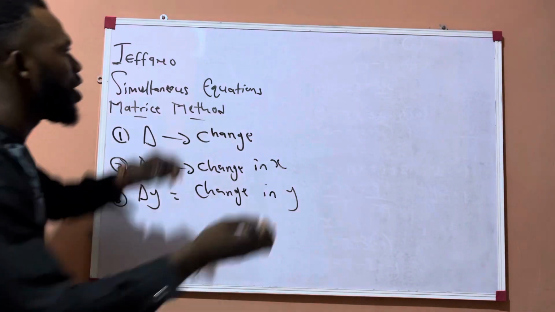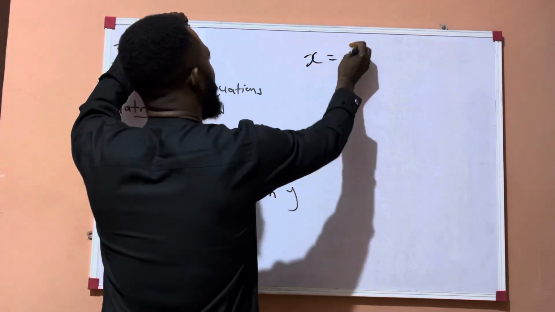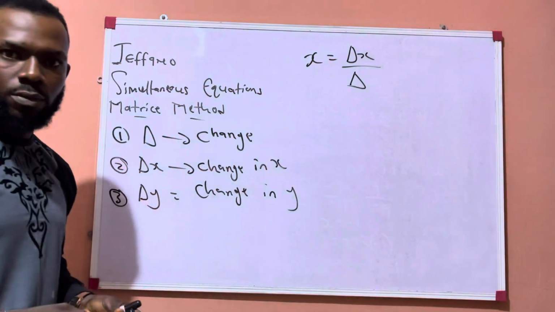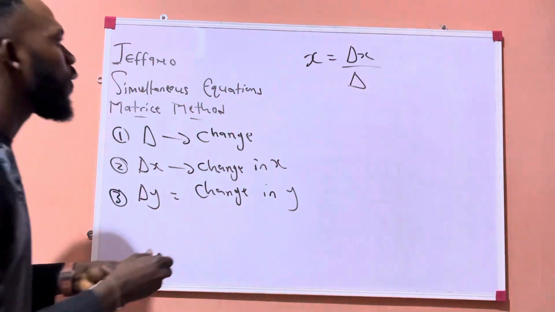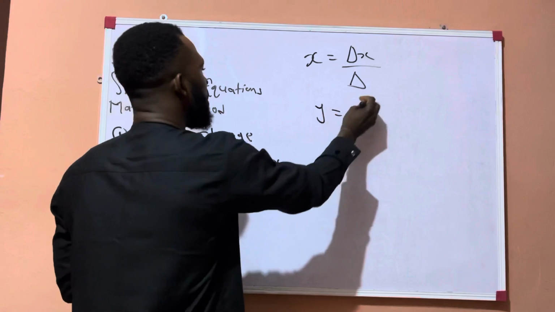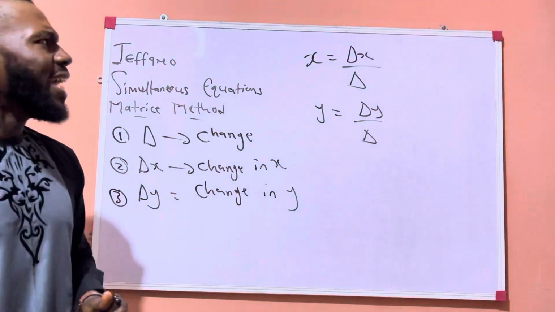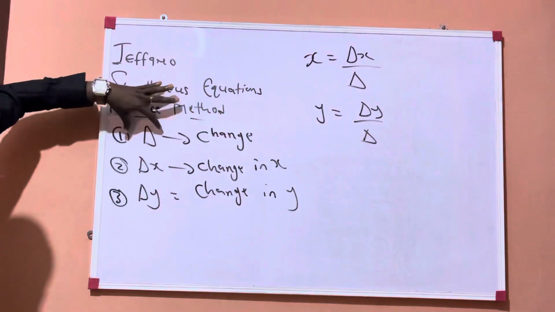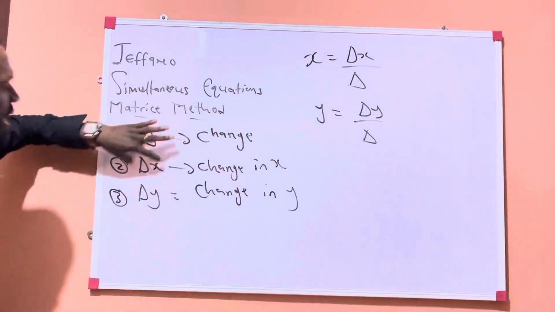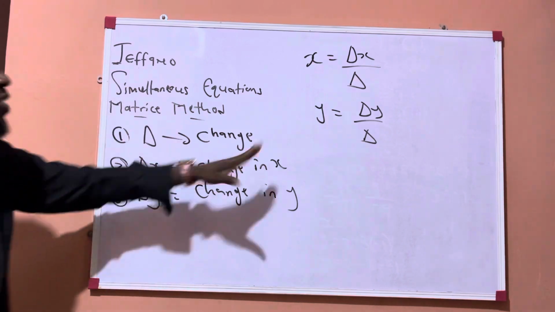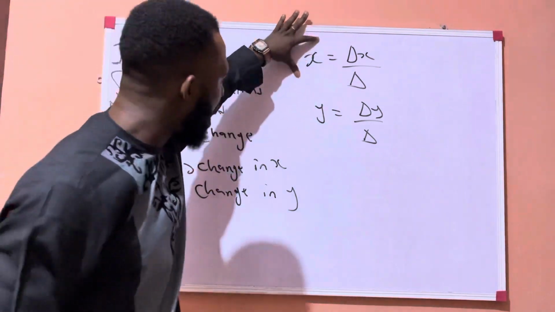Now the formula is, to solve for x, the formula becomes change in x all over change. And then, to solve for the value of y, the formula becomes change in y all over change. You see, this is why it is important to first look for change, change in x, and change in y. Because if you don't know the values of these three things, there is no way you can get the values of x and y.